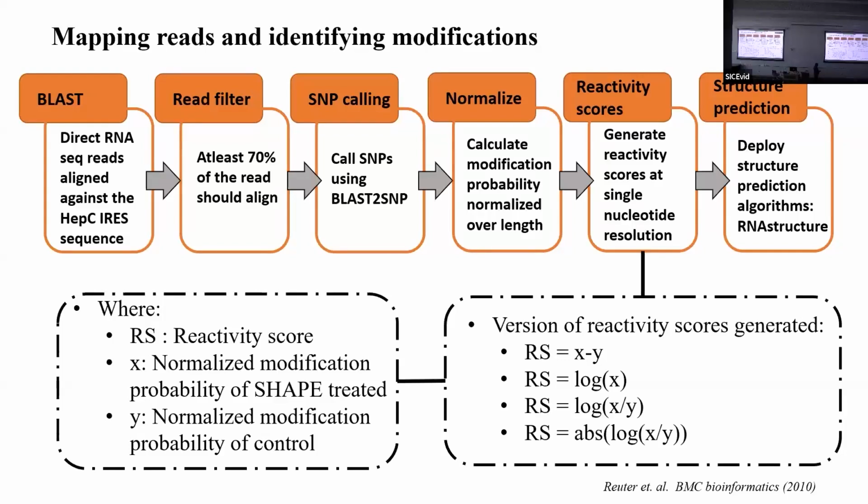So we tried different versions of reactivity score. The first one is simple x minus y, where x is the modification probability at a location in treated, and y is the modification probability in the control, then log x, y, all kinds of fancy or simpler models for reactivity score. We realized that log x/y actually worked the best for the reactivity scores.